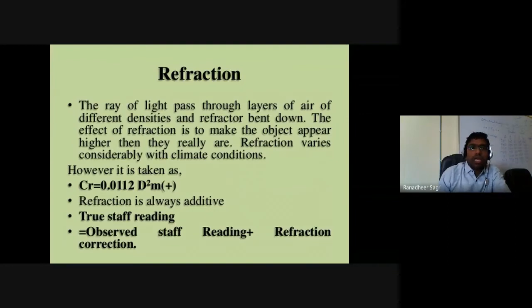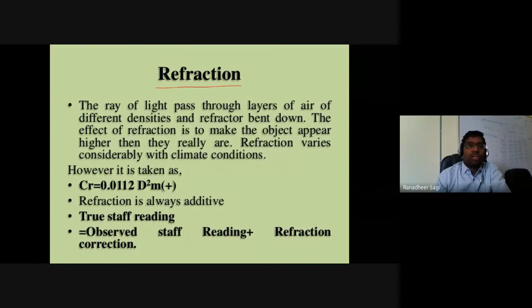Next is refraction correction. What does this mean? The ray of light passes through layers of air of different densities and is refracted, bent down.